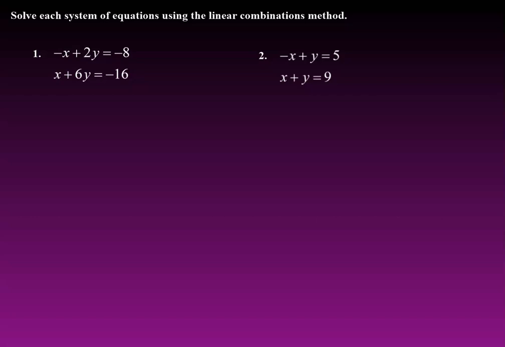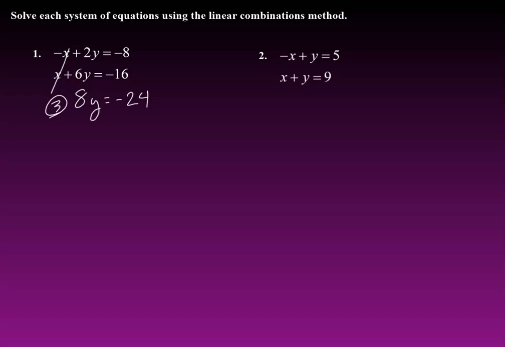So we're going to go to step 3, and step 3 is to go ahead and add the two equations together. Okay, so we're going to take negative x plus x, and that cancels. We're going to take 2 plus 6 and get 8y. And we're going to take negative 8 plus negative 16 and get negative 24. So that's our step 3.